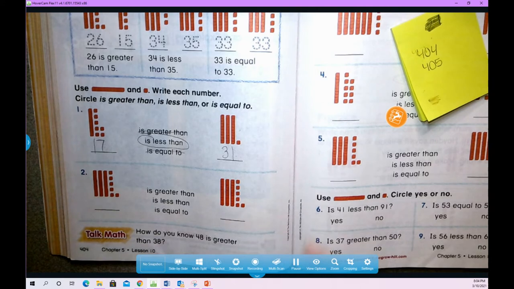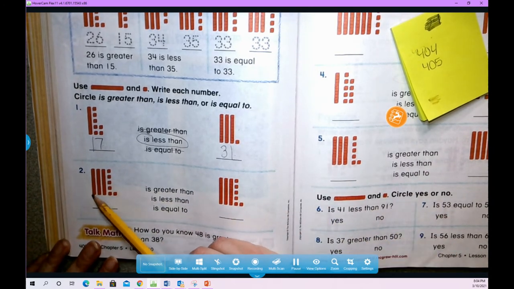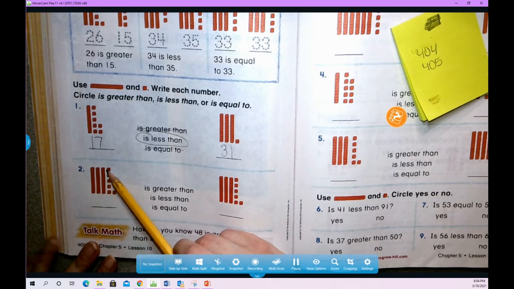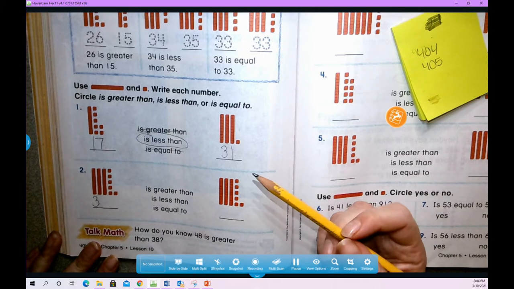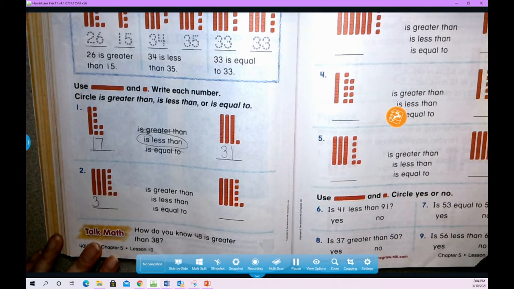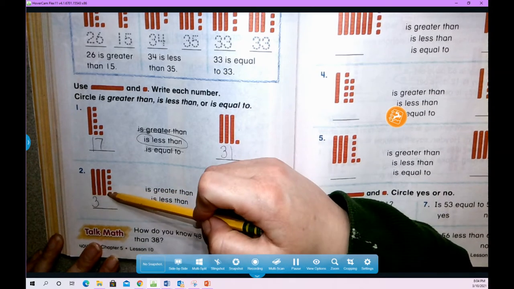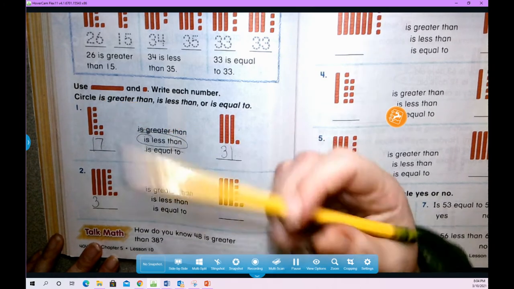Okay, let's try number 2 now. Let's see how many there are here. So there's 1, 2, 3 groups of 10. How many ones are there? Can you count the ones for me? 1, 2, 3, 4, 5, 6.